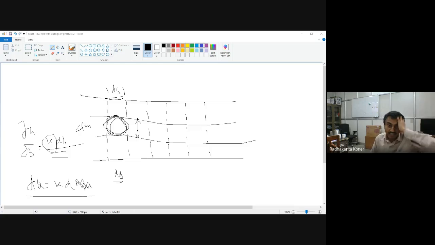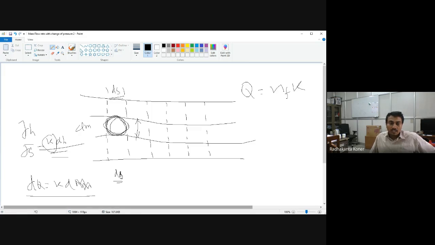So in our case, for a system with one recharge area and one discharge area, we can calculate the discharge if we take this help. This Q is basically equal to N_f into K.